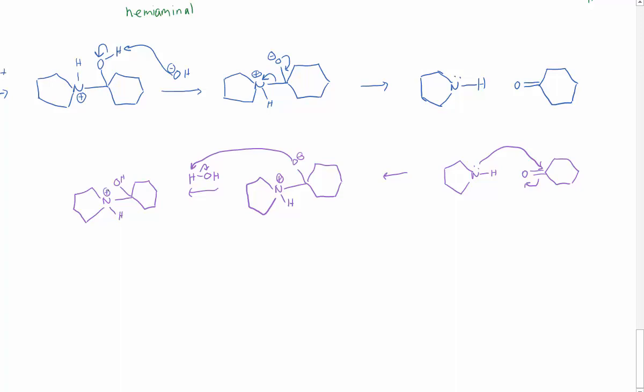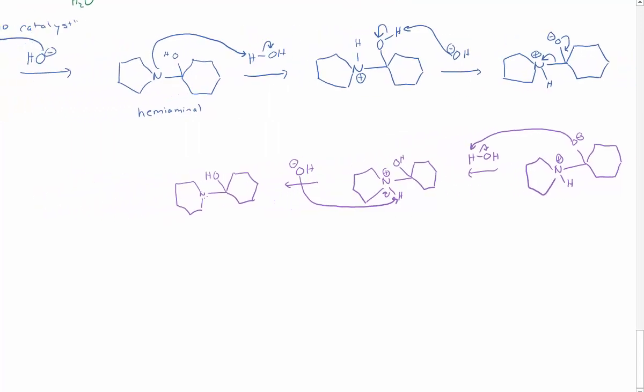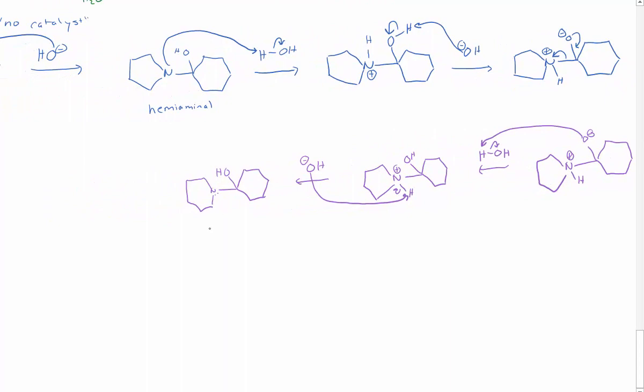Before the nitrogen can help to kick out the hydroxide, it needs to get deprotonated. So here's the hydroxide ion, the conjugate base of the very weak acid that I just used. The hydroxide can deprotonate here. That nitrogen lone pair is now available. This is the hemiaminal structure.